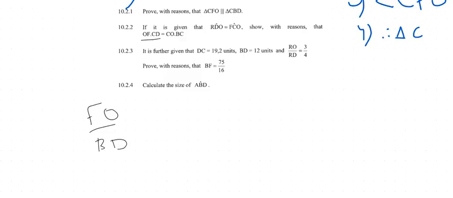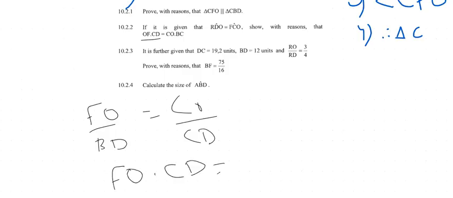If we do the cross multiplication, FO multiplied with CD and CO dot BD.